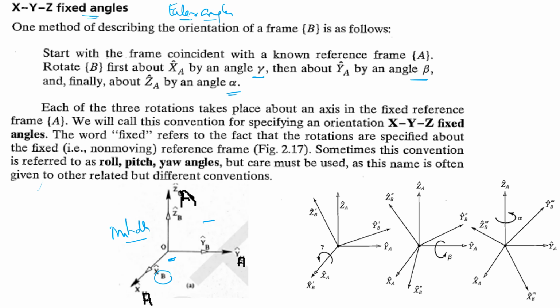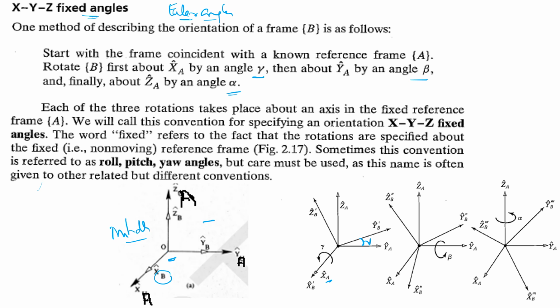In the first case we keep both x-axes aligned, and with respect to the x-axis we allow an orientation of gamma. But this orientation is with respect to the A frame, not with the B frame.